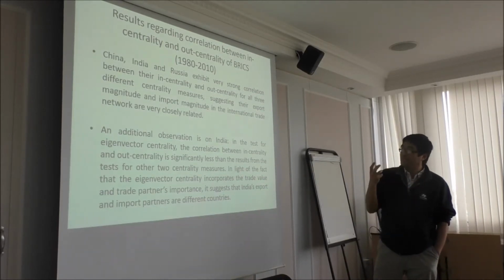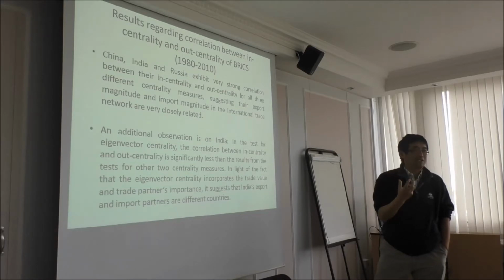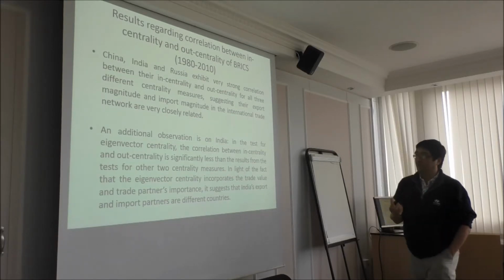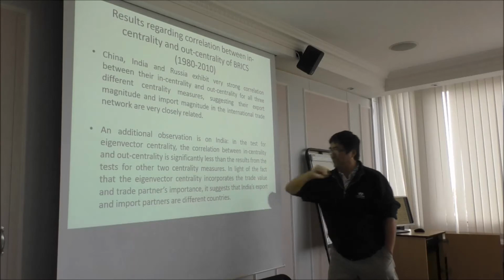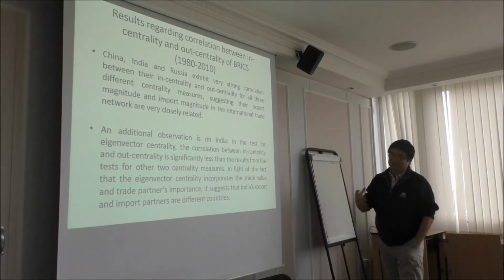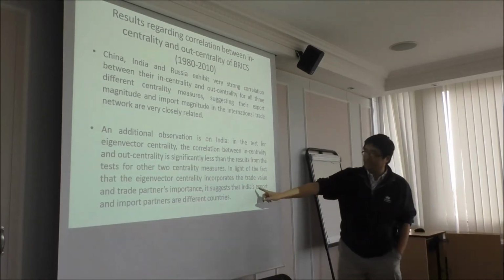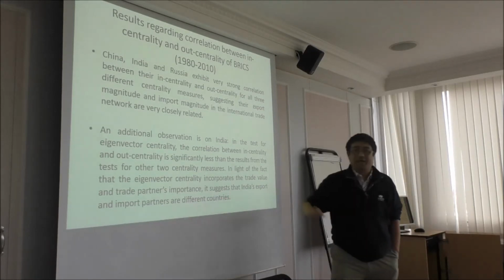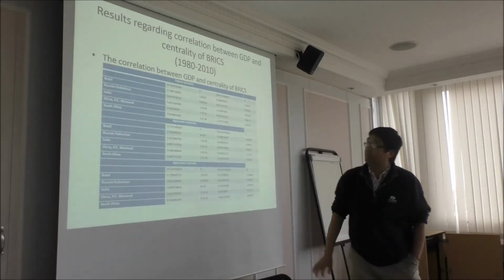So that says its trading partners are quite strangely distributed. In light of the fact that the eigencentrality incorporates the trade value and the trade partners' importance, it suggests that India's export and import partners are different countries.